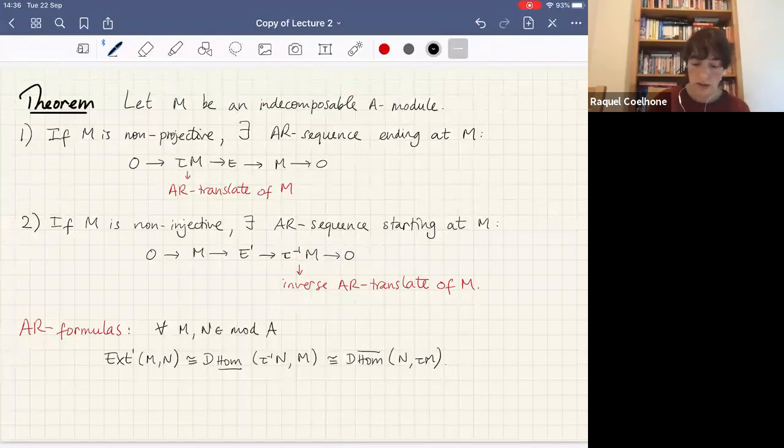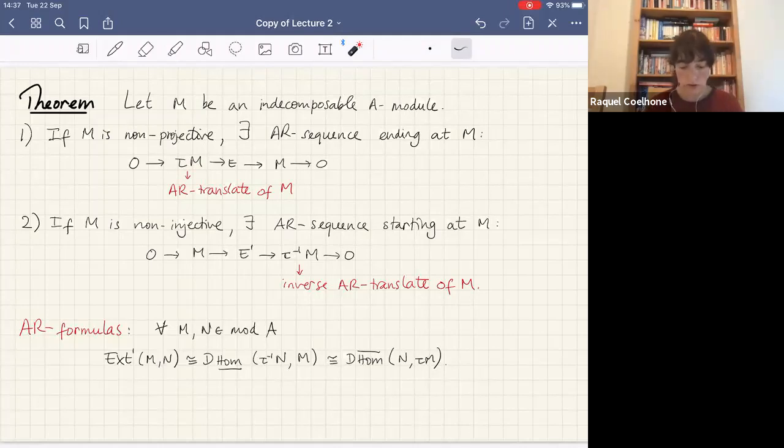So if you start at an indecomposable module, we know that an Auslander-Reiten sequence cannot end at a projective, but if M is not projective, then there is an Auslander-Reiten sequence ending at M. And again, we said that this is uniquely determined, so we'll denote this starting point by tau M. This will be the Auslander-Reiten translate of M. You could actually properly define this in order to compute it, but hopefully in lecture 3 I'll tell you how to do it.